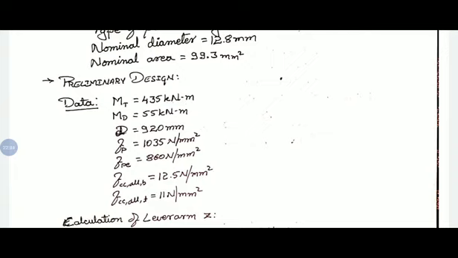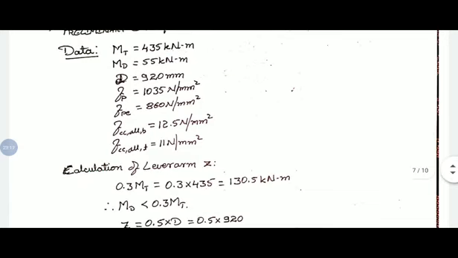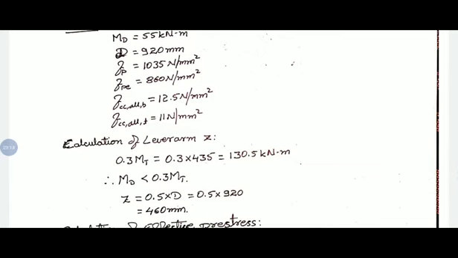Then FP, that is characteristic tensile strength, is 1035 Newton per mm square, effective pre-stressing stress is 860 Newton per mm square, FCC allowable, that is fiber stress at transfer in bottom fibers, is 12.5 Newton per mm square, and FCC allowable at top fibers at service load condition is 11 Newton per mm square. So here the material properties are given, so no bother.